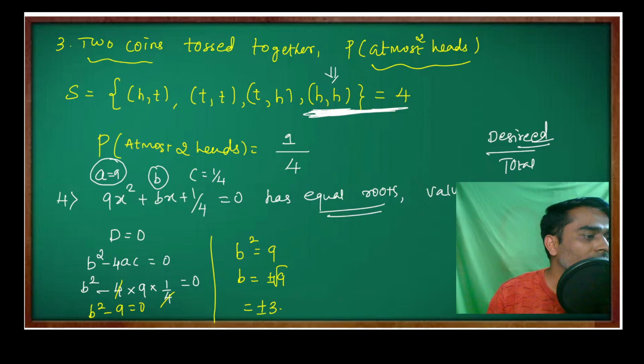Sir, at least two heads means we have only one possibility. If it's at most, we have other possibilities. At least means what? Nisarga, at least means what? At least means one must. If I say at least two, minimum, correct?